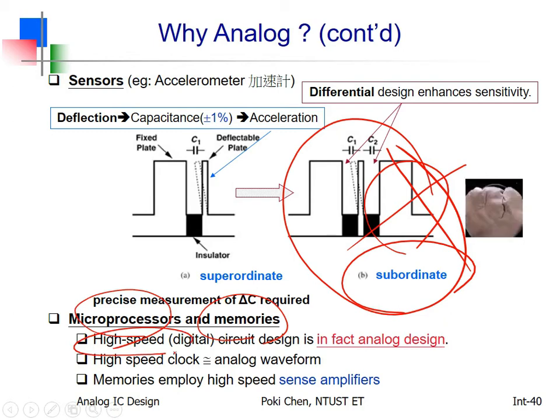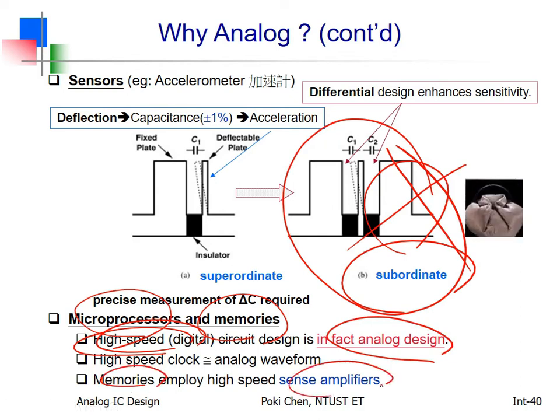Who designed such high-speed I/O circuits? Sorry, we did, I mean analog IC designers, instead of digital IC designers. For any high-speed transmitter and receiver, it should be analog design. Even in memory, DRAM, we have sense amplifiers. Who designed them? Analog IC designers. Okay?